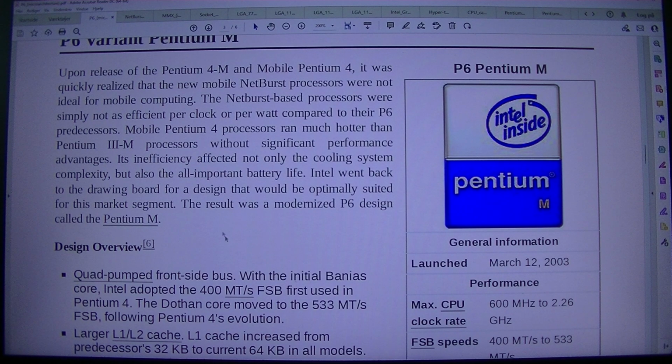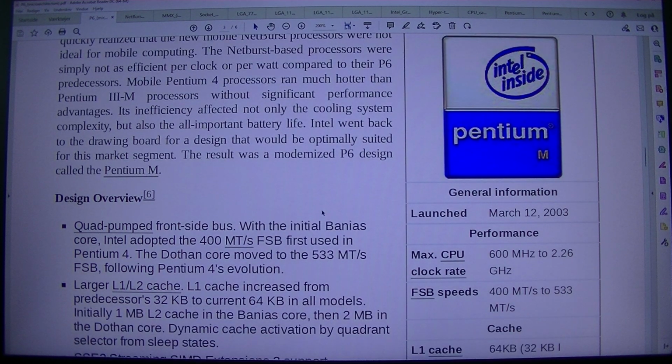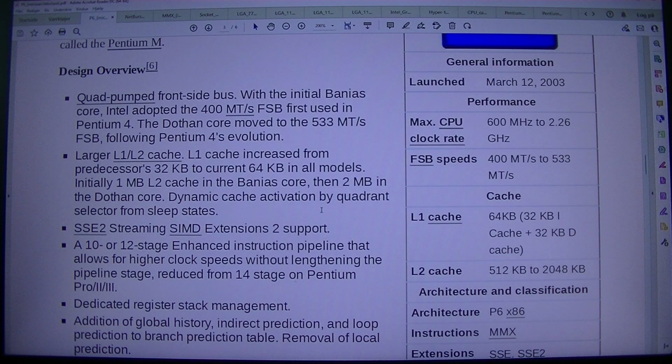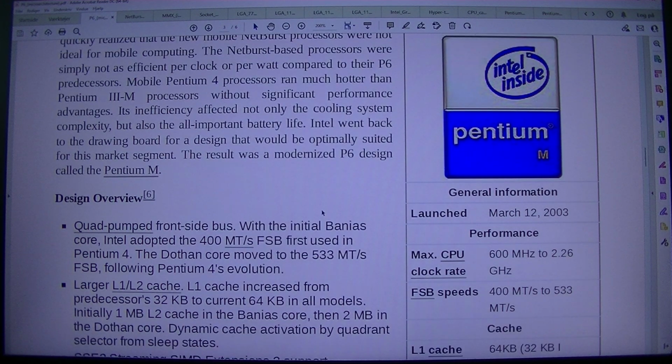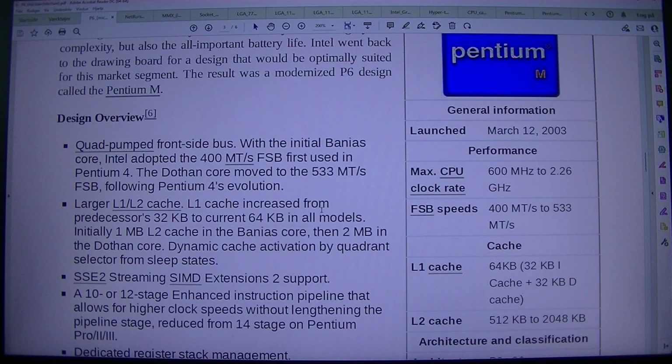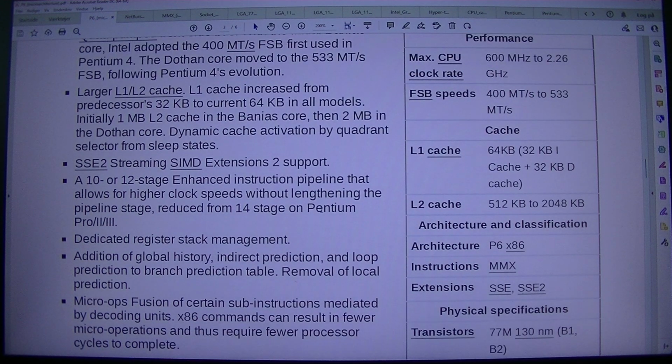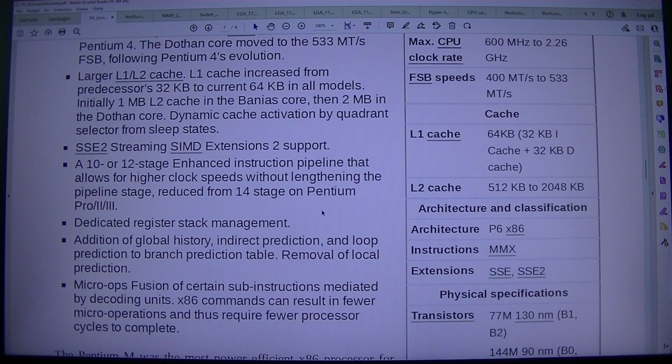P6 variant Pentium M. General information: launched March 12, 2003. Performance: max CPU clock rate 600 MHz to 2.26 GHz, FSB speeds 400 MT/s to 533 MT/s. L1 cache 64 KB, 32 KB iCache plus 32 KB D cache, L2 cache 512 KB to 2048 KB.